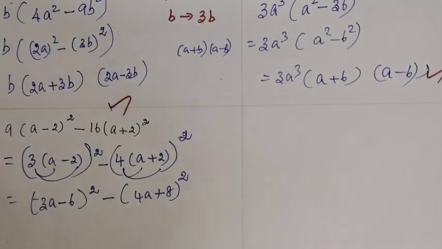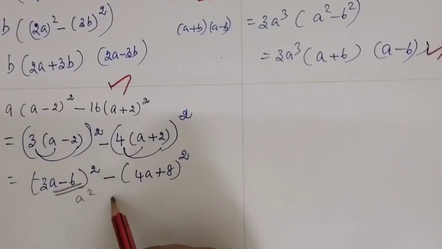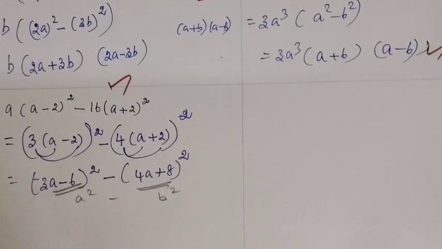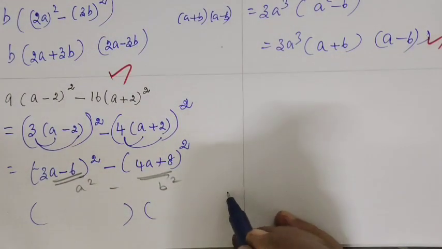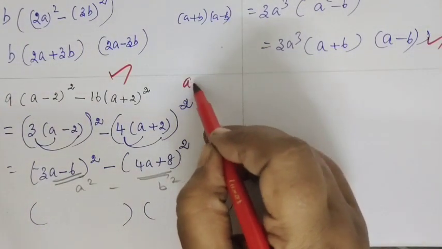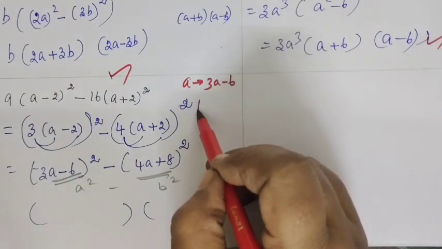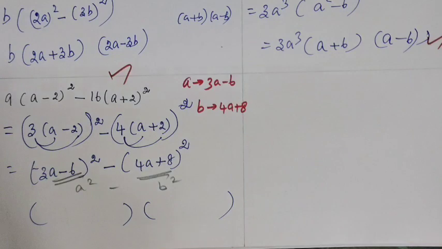Now it is of the form a square minus b square. So in the place of a, 3a minus 6, a plus b into a minus b. So a equal to 3a minus 6, then b equal to 4a plus 8.